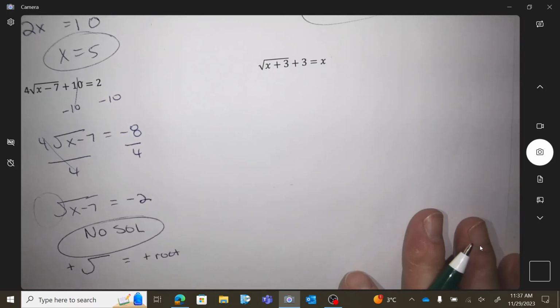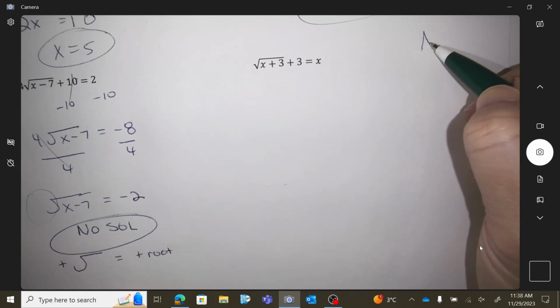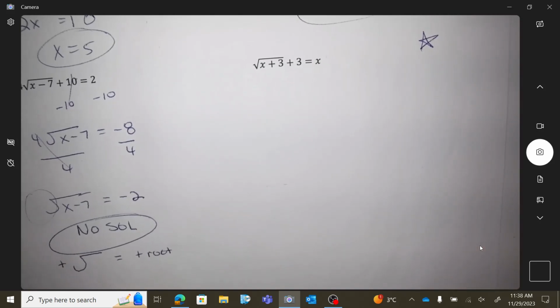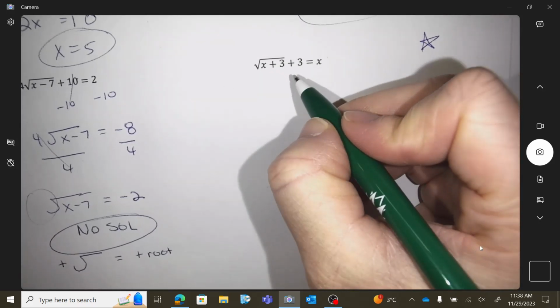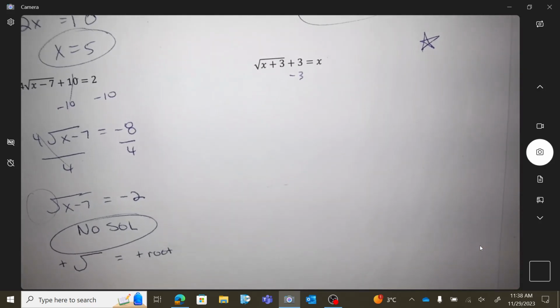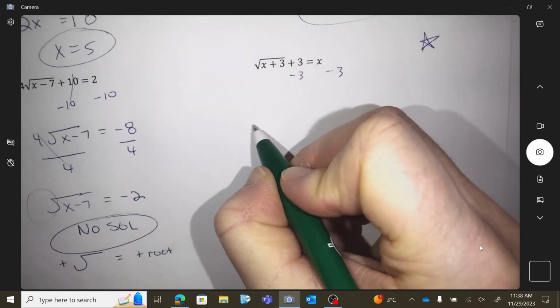Okay, and this is the last one. There's a 100% chance. This is on the test. Obviously not these numbers. Okay, so I'm going to algebraically subtract 3 would be my first move.